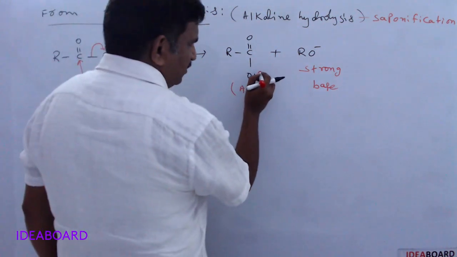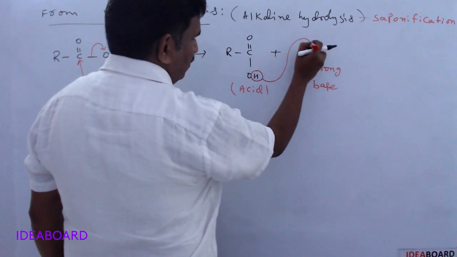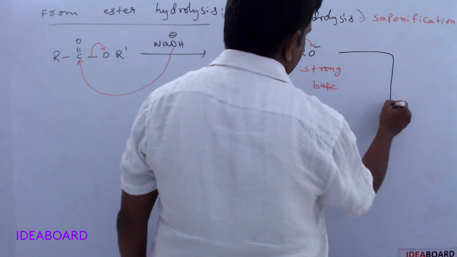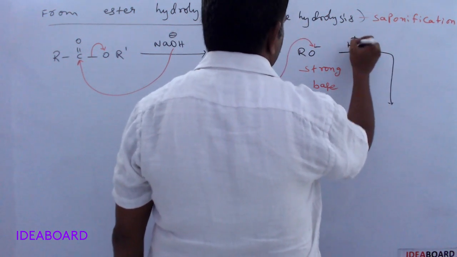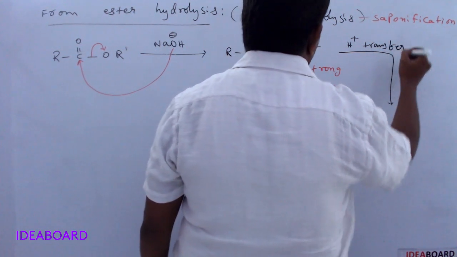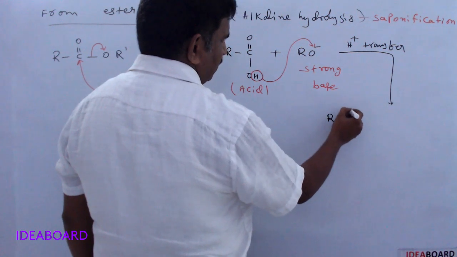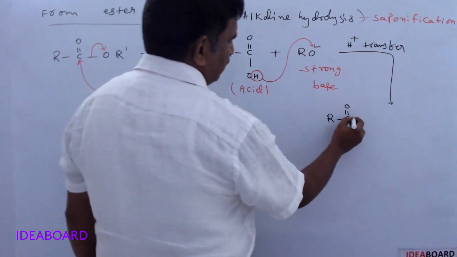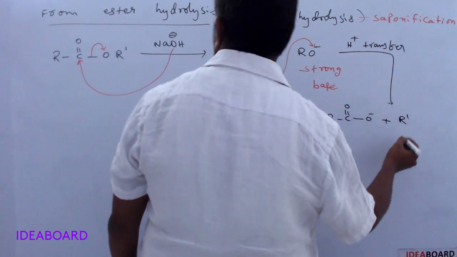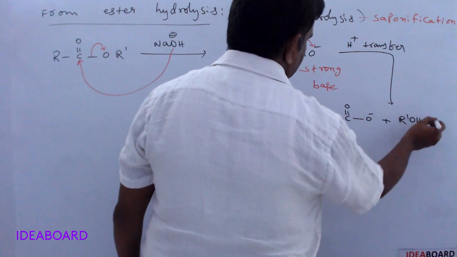So here proton transfer occurs. By the proton transfer, what is formed? RCOO minus plus R dash OH.